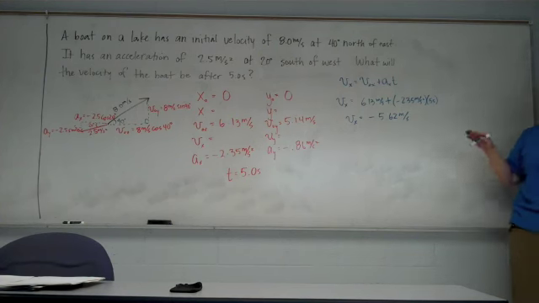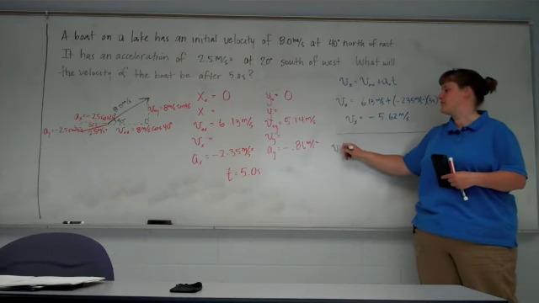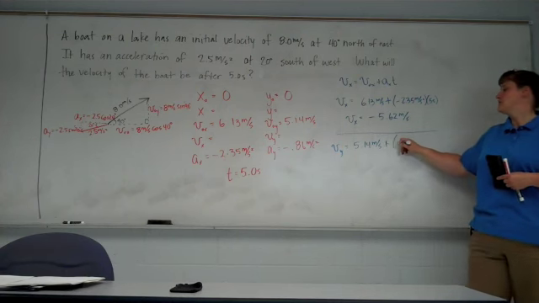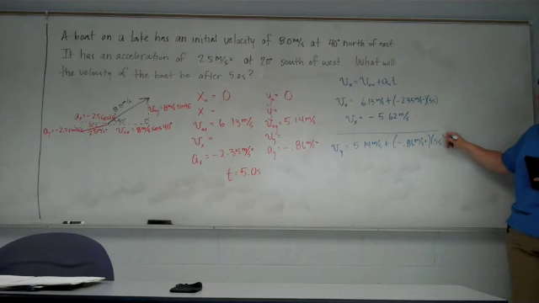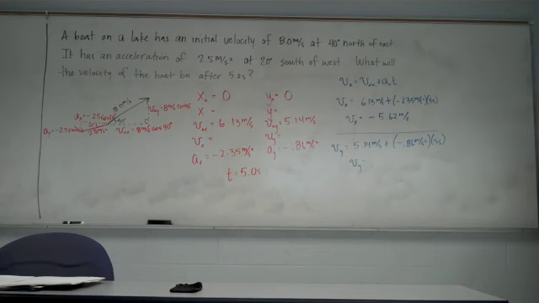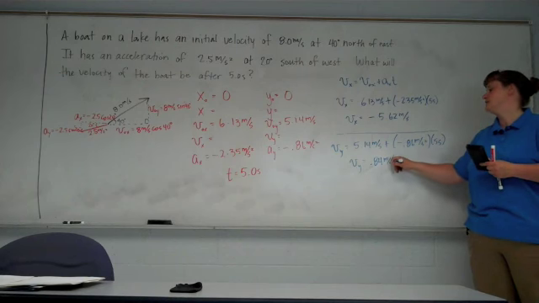So after 5 seconds, at least in the X direction, it's headed to the left. So it's headed west. Now for the Y direction, we can use the same equation, but with the Y information. So 5.14 meters per second plus a negative 0.86 meters per second squared times our 5 seconds. 0.84 meters per second.